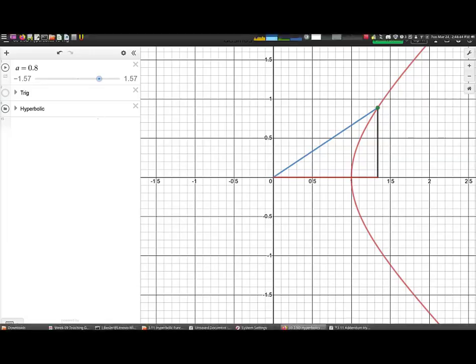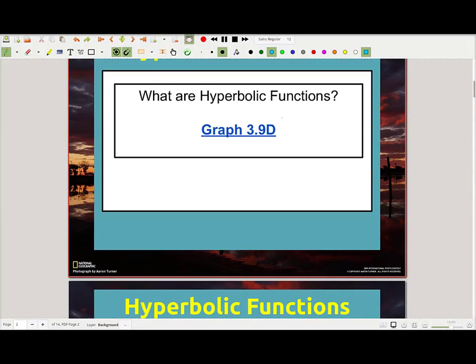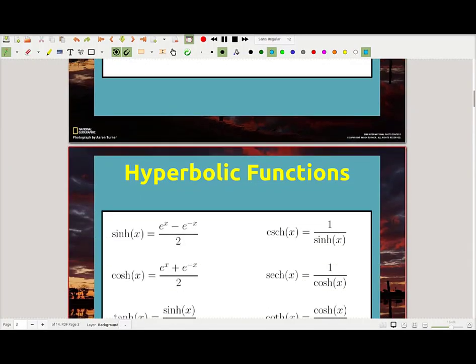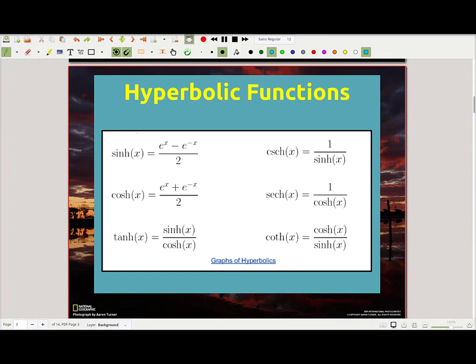Okay, let's get back to the definitions here. Look at these two functions, sinh and cosh. That is how we define them mathematically. Both are in terms of e to the x power; sinh has a negative, cosh has a positive.